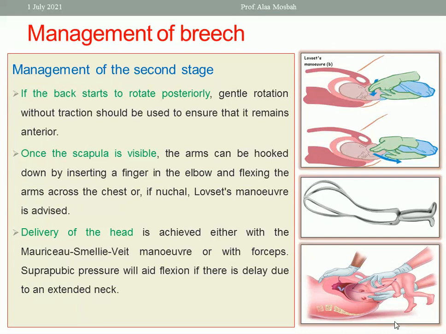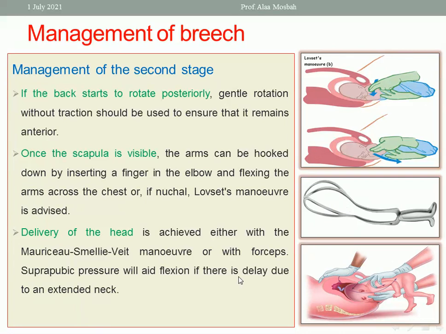Once the scapula is visible, the arms can be hooked down by inserting a finger in the elbow and flexing the arm across the chest, or if Løvset's maneuver is advised, as we will see later on. Delivery of the head is achieved by 3 different methods. Two of them are recommended: jaw flexion shoulder traction or Mauriceau-Smellie-Veit method, or using Piper forceps.